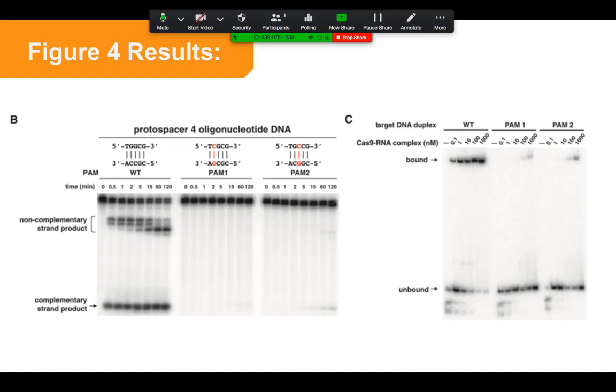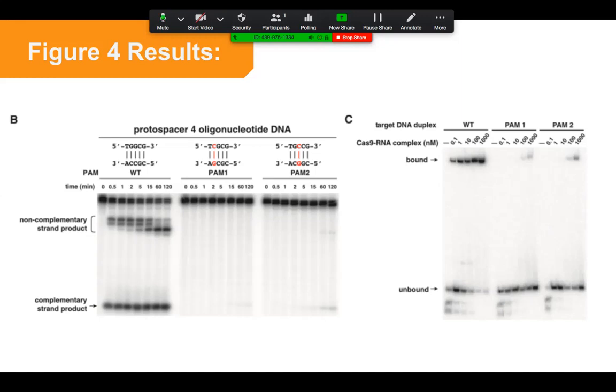So here you can see that it's only present in the non-complementary strand, which appears about 3 to 5 base pairs downstream of, I think, the target sequence. And then in figure 4C, you can see the role that PAM plays in recruiting the Cas9 tracrRNA-crRNA complex to the correct DNA site.